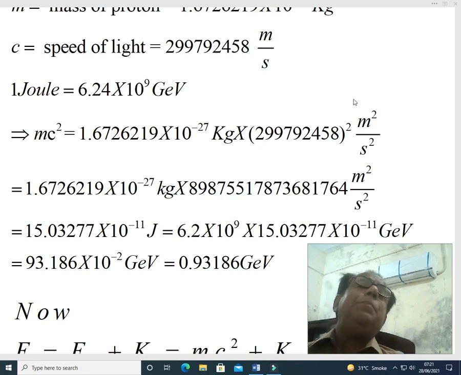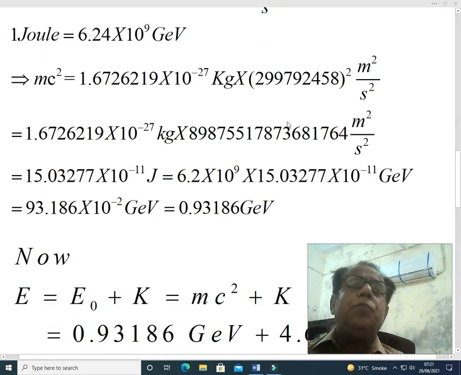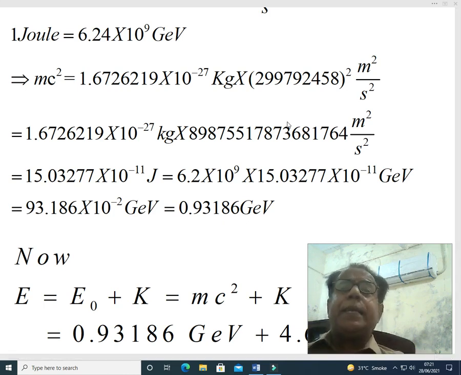This implies that mc square equals the value of m into the value of c square. Here the units become kilogram meter square per second square.